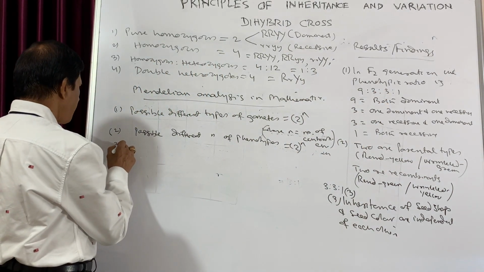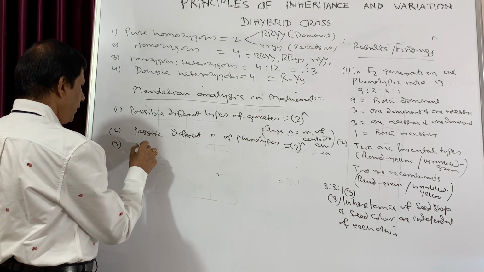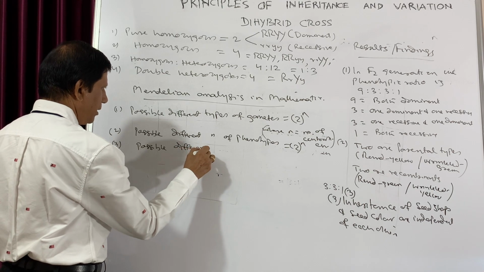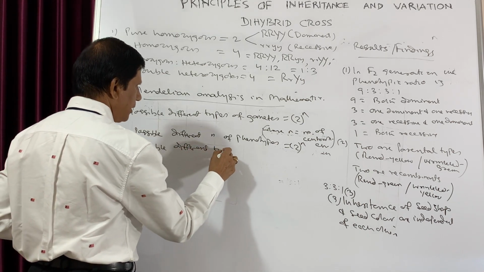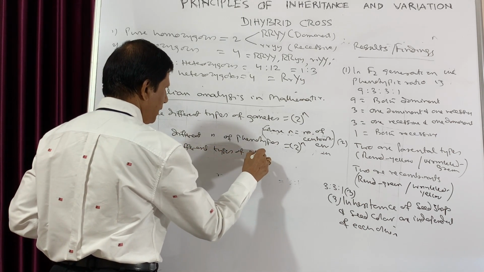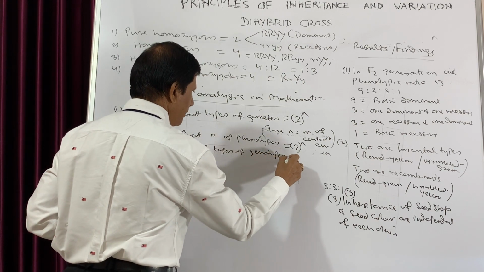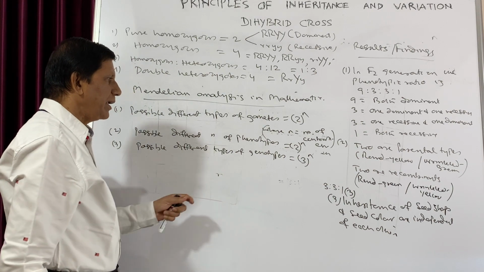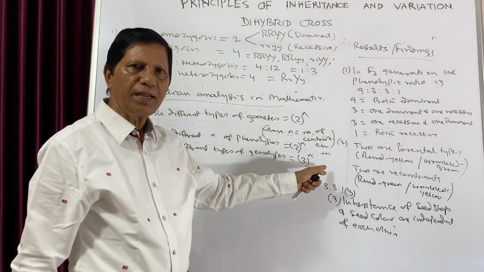Then the third one, the possible different types of genotypes, it is 3 to the power n. Now again you see here n is the number of contrasting characters.